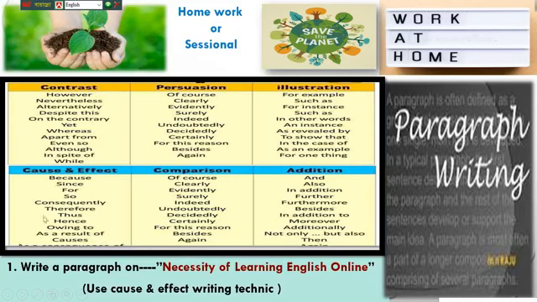Okay, so these are the connectors that are very suitable for writing a paragraph using the writing technique of cause and effect. So you can follow these connectors, and you may have other more suitable connectors for your better writing. Okay.